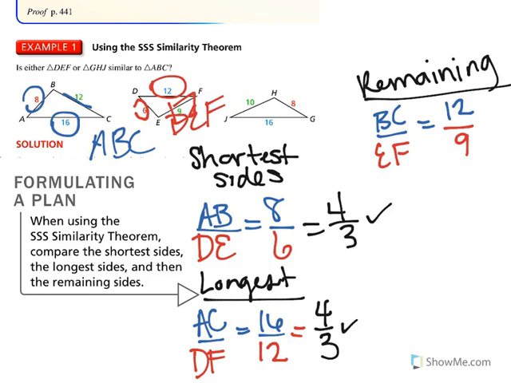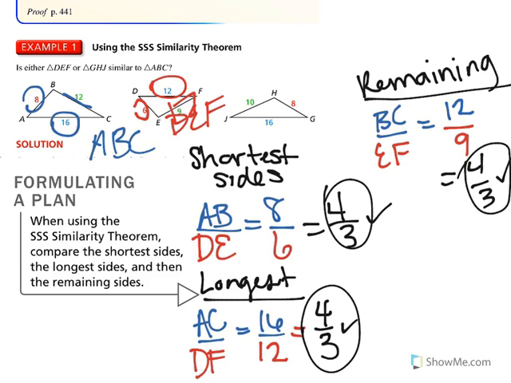And if I reduce those, I get 4/3. And I got 4/3 3 times, so that means that DEF is actually similar to ABC. And the way I would write that similarity statement is triangle ABC, squiggly means similar, to triangle DEF.